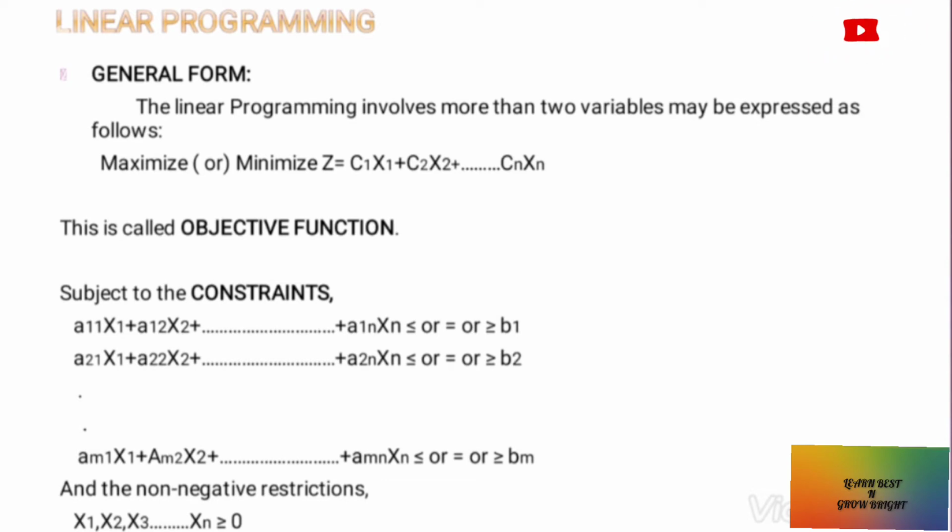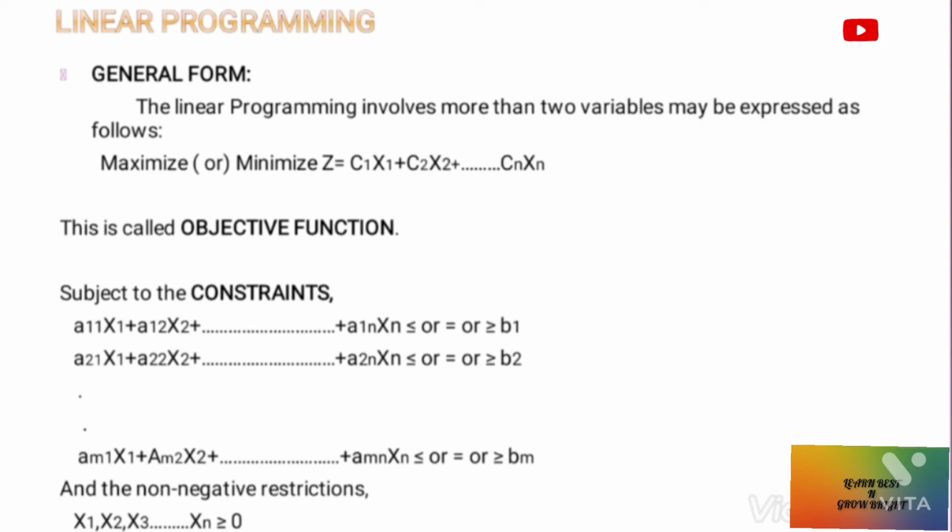Subject to the constraints a11 x1 + a12 x2 + ... + a1n xn less than or equal to, or greater than or equal to, b1; a21 x1 + a22 x2 + ... + a2n xn less than or equal to, or greater than or equal to, b2.